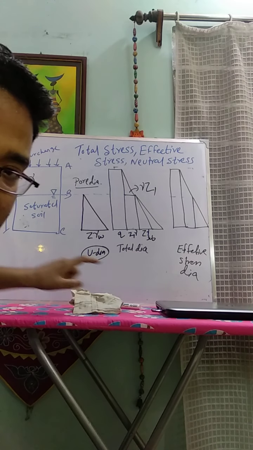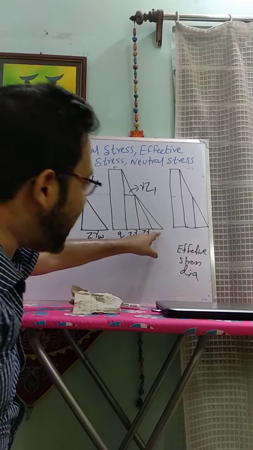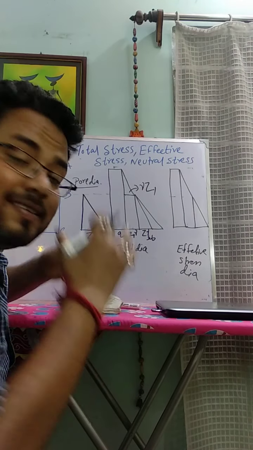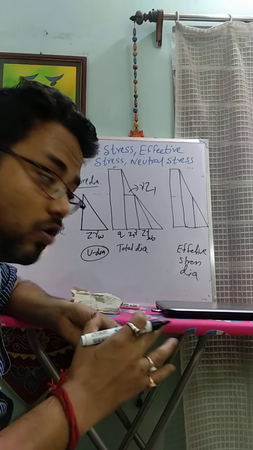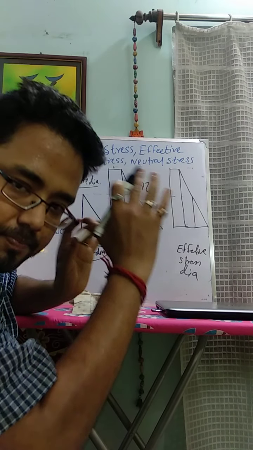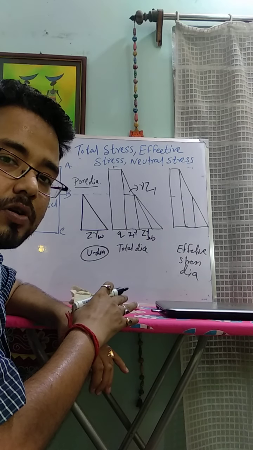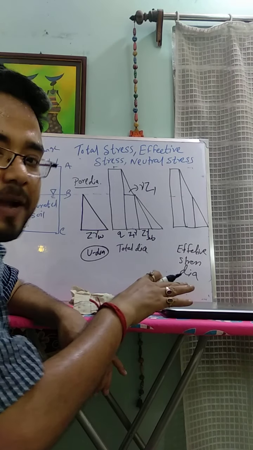Into distance, and this diagram represents the water, because we know the total stress equals the neutral stress plus the effective stress.